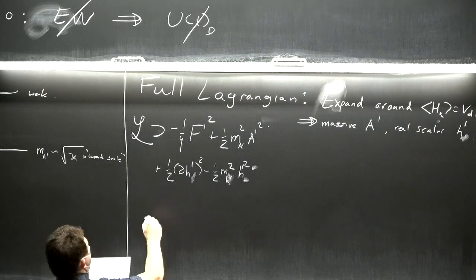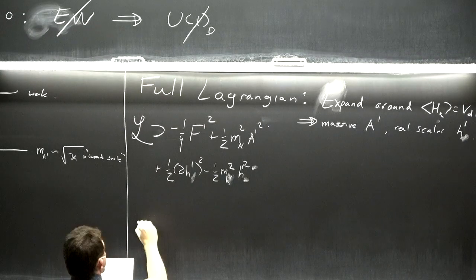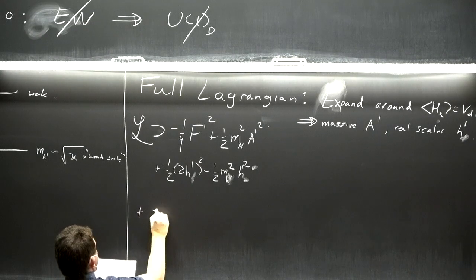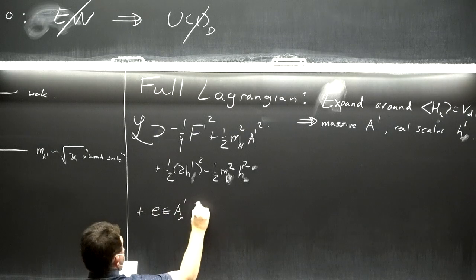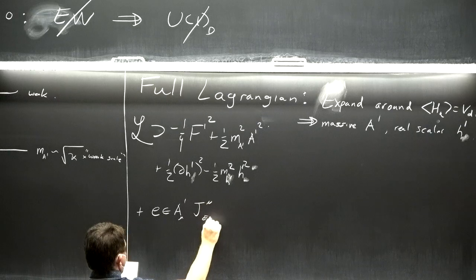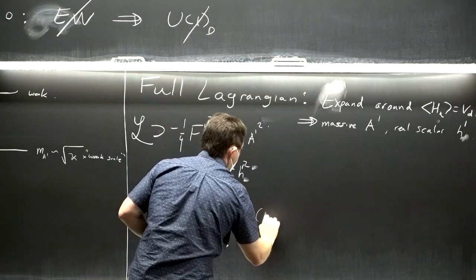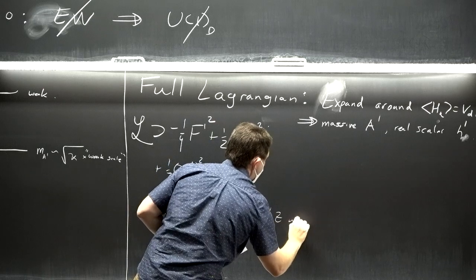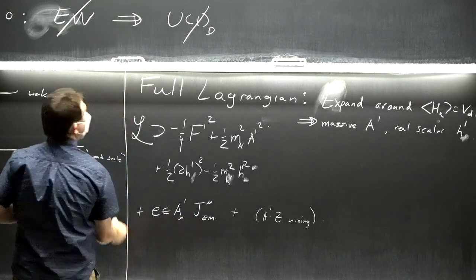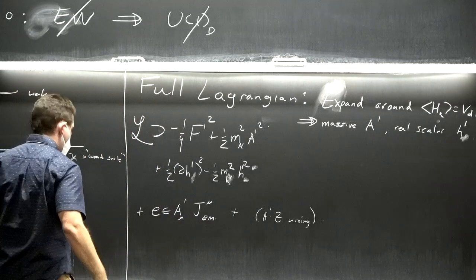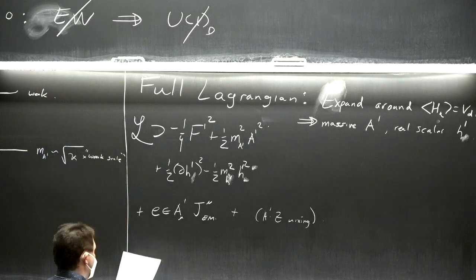Okay, so then we have the interaction terms, which include the interaction term of the dark photon with the electromagnetic current. There's, of course, the A prime Z mixing pieces, which we typically ignore. I'll write it down on the bottom here, and then I'll push this up to the top in a second.